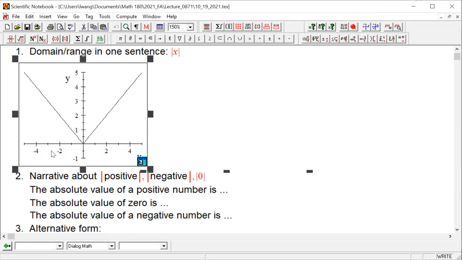Any comments? You can put it in the chat. You can also speak up. Domain and range. This is not a test. You can go back and look at your notes. No comments?